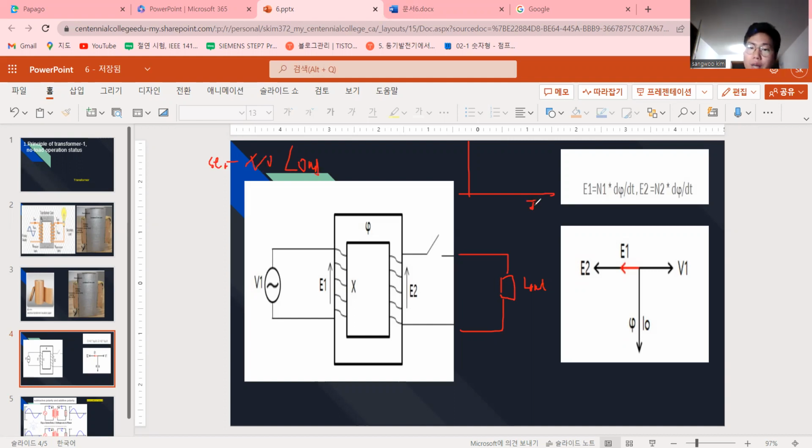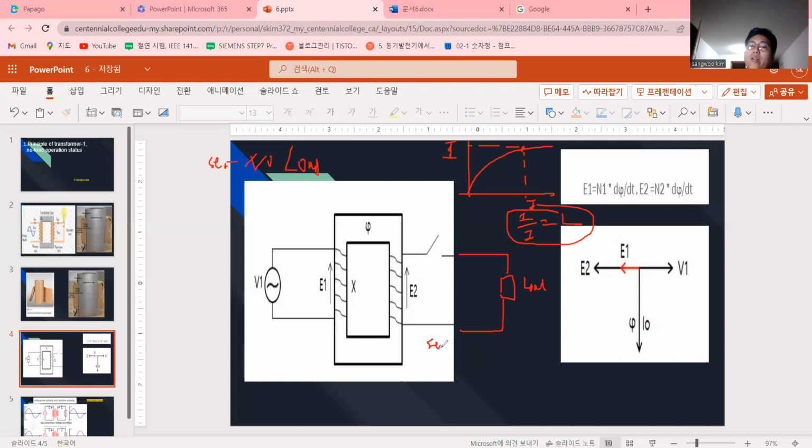So here is the I-phi curve. This is the saturation part, for example. The I-phi is actually at this point, and it is indicated.